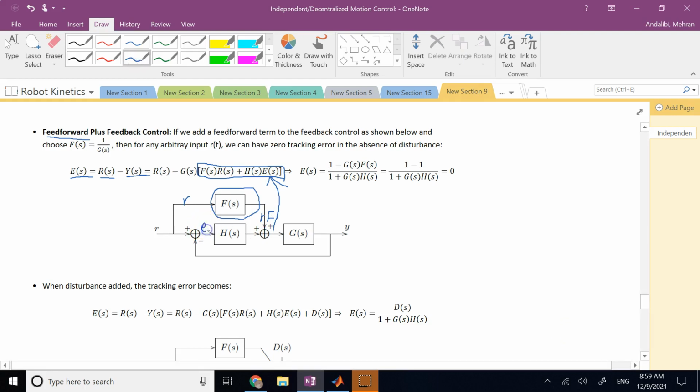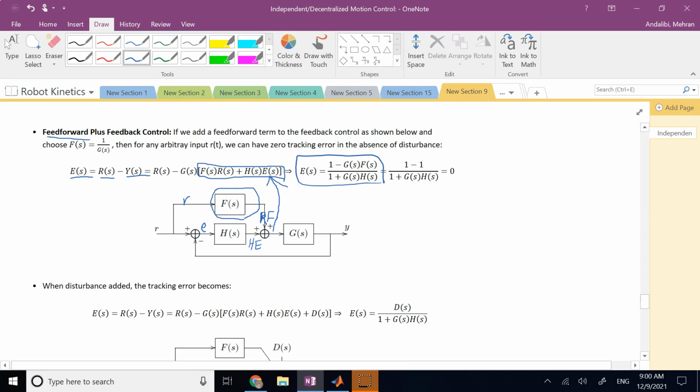So error times H, this is H times E. So R times F plus H times E is this signal, which is multiplied by G to get you Y. Now if you rearrange this and find E as a function of the other blocks, you can clearly see that the error is going to be (1 minus GF) divided by (1 plus GH).